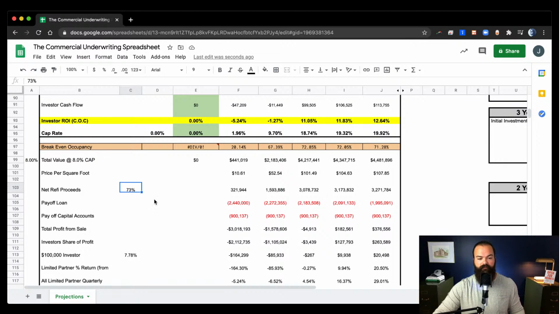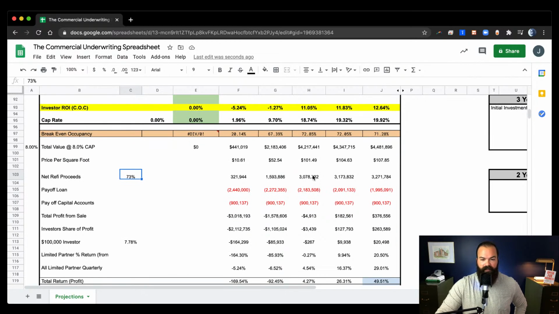So that leaves 25% equity. So the net refi proceeds is 73. After we pull that cash out, we're going to pay off the loan. We'd pay off the capital accounts, that's the money that you raise from investors. Then you'll have your total profit from, this says sale. Obviously, we're going to do a refi here, so I'll just change that.